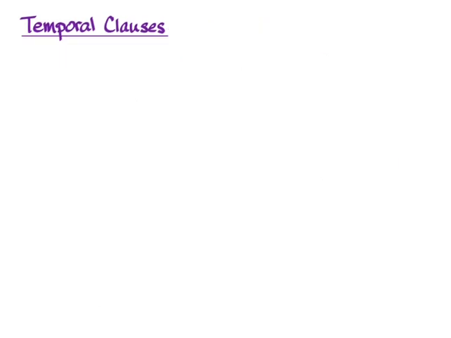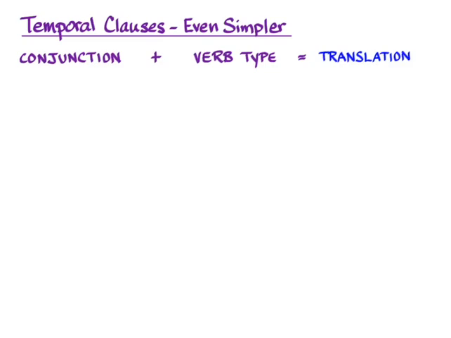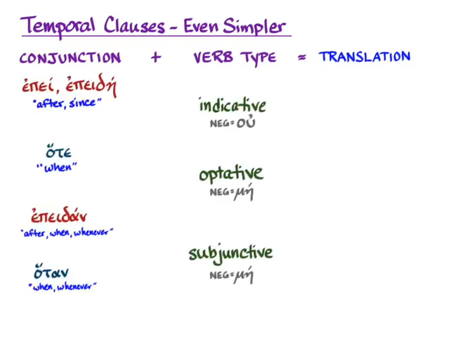And let's look at, again, in a different sort of layout, even simpler, I hope, what's going on here. This time I'm going to have us look at the conjunction and the verb type and tell you what to do for a translation. We've got our epei and our hote and the different kinds of verbs that we might do.